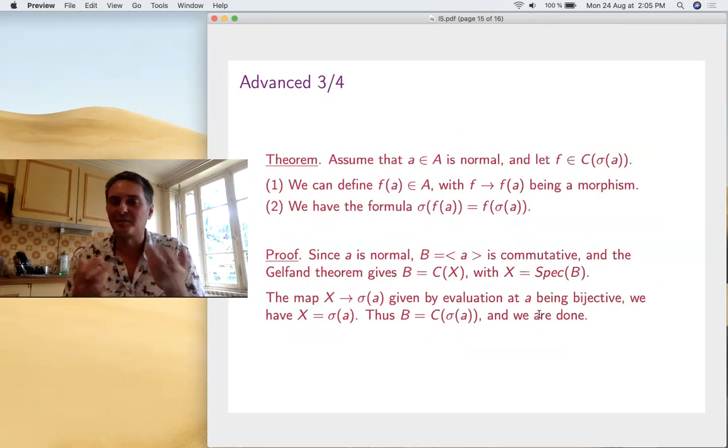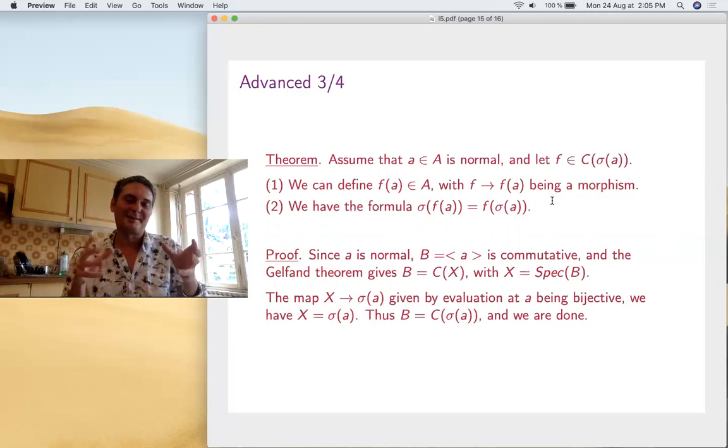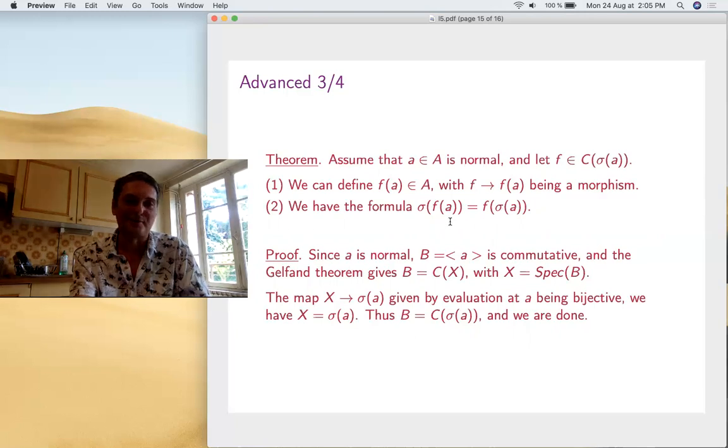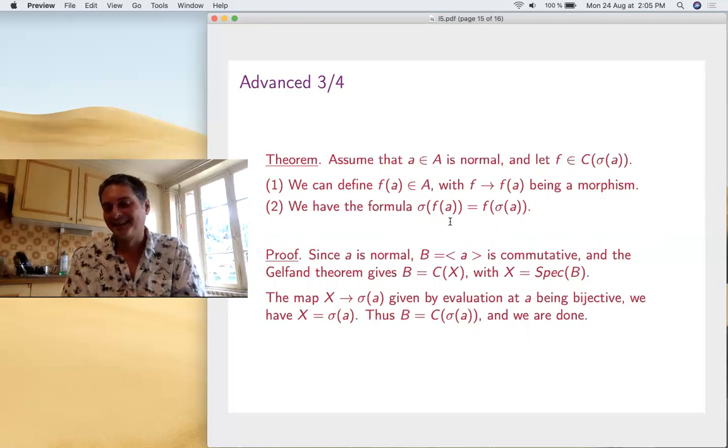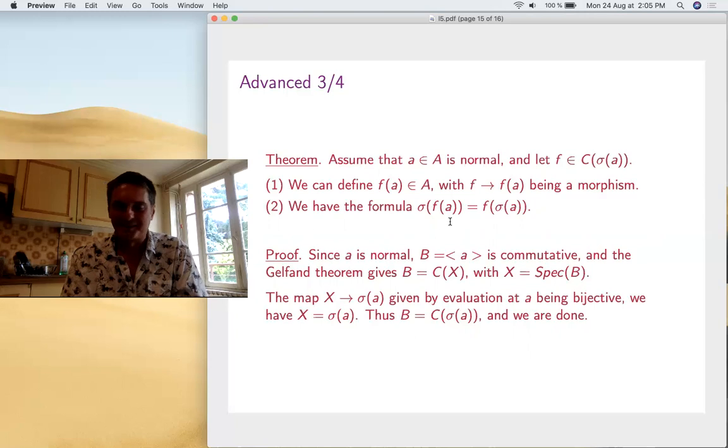And that something is a spectrum, and well, it can only be the spectrum of A. So you see the functions of this A are actually continuous functions of it. So you can extend this functional calculus formula from rational to continuous functions. And this is very nice, more or less the spectral theorem.